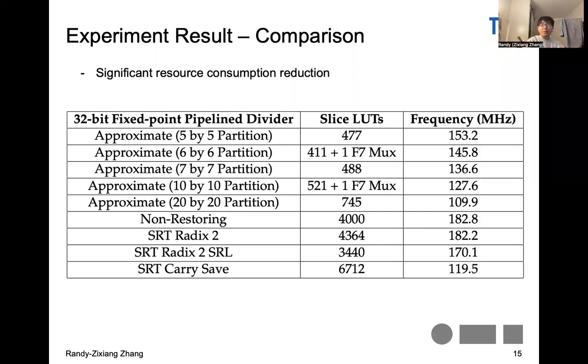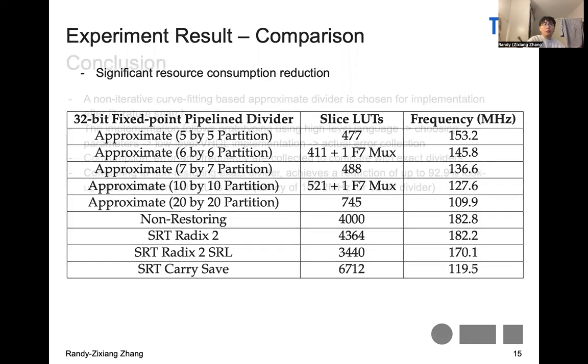The downside is that it's running at a bit lower frequency than the exact dividers. This is because the combinational delay, the critical path in the big lookup module, is too high, which is something we could definitely improve in the future.